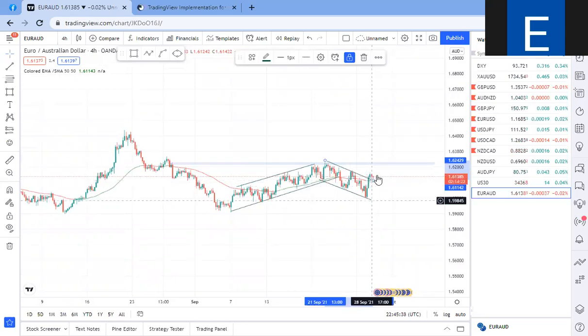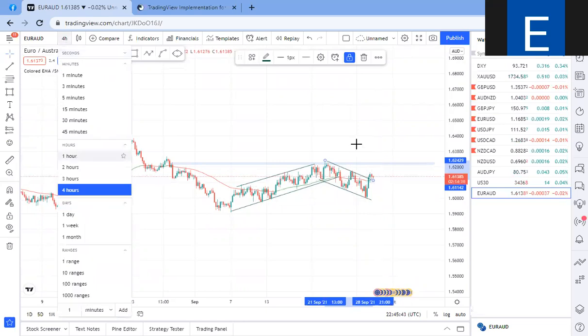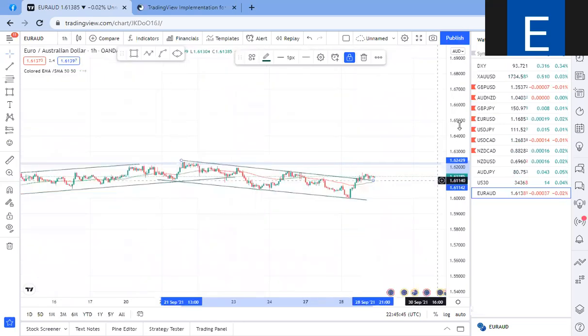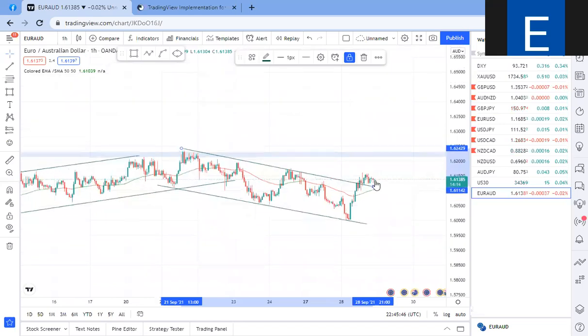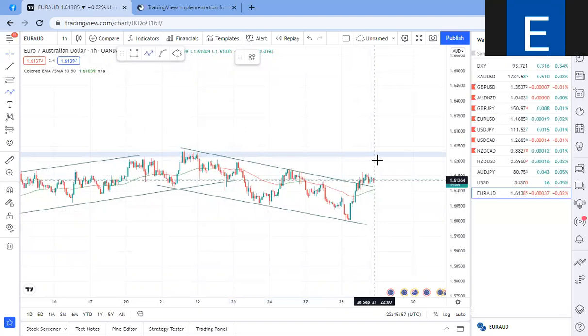So currently, I'm expecting, let's go down to the 1 hour time frame. Price may likely continue from here to the top. It may also break below to the inside and then retest. Price may either go from here all the way there, or it may actually break below, retest the trend line before continuing down again.